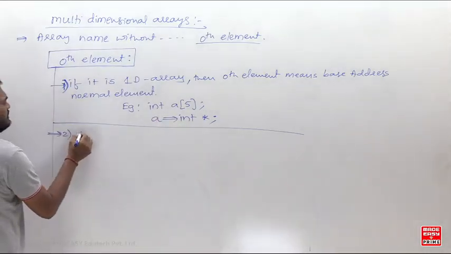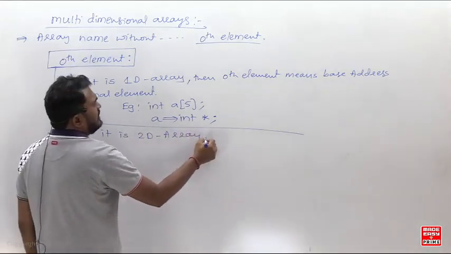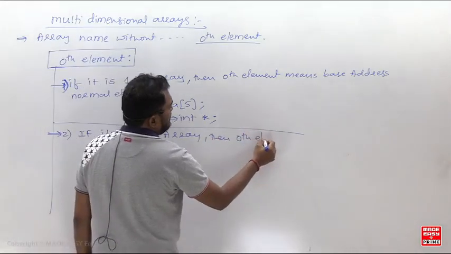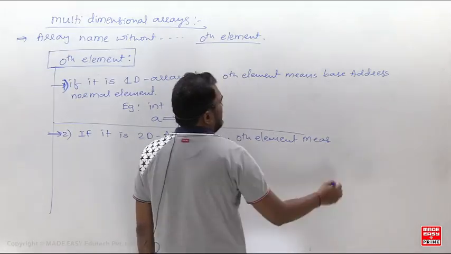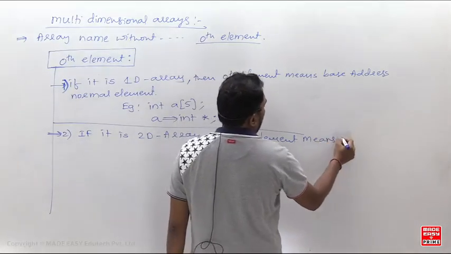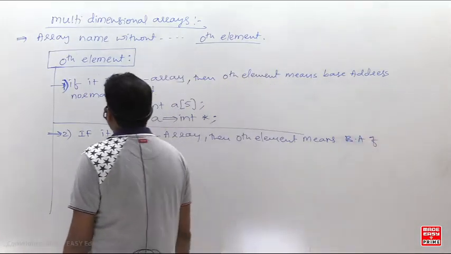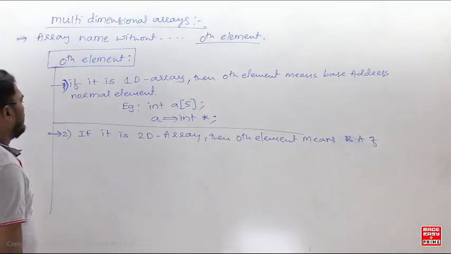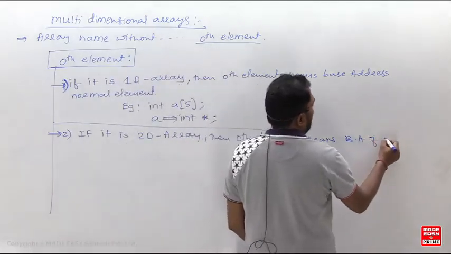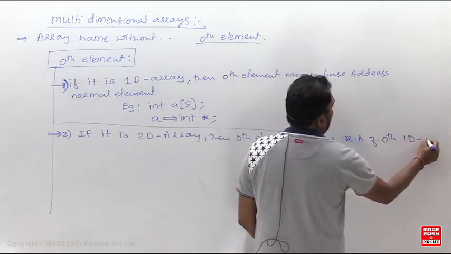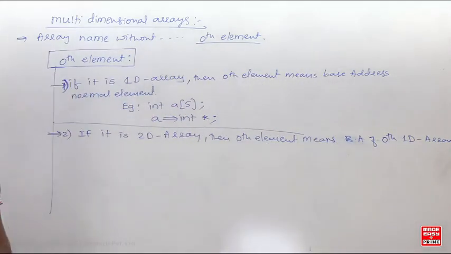Next, number 2. If it is a 2D array, then zeroth element means the base address of the 0th 1D array.